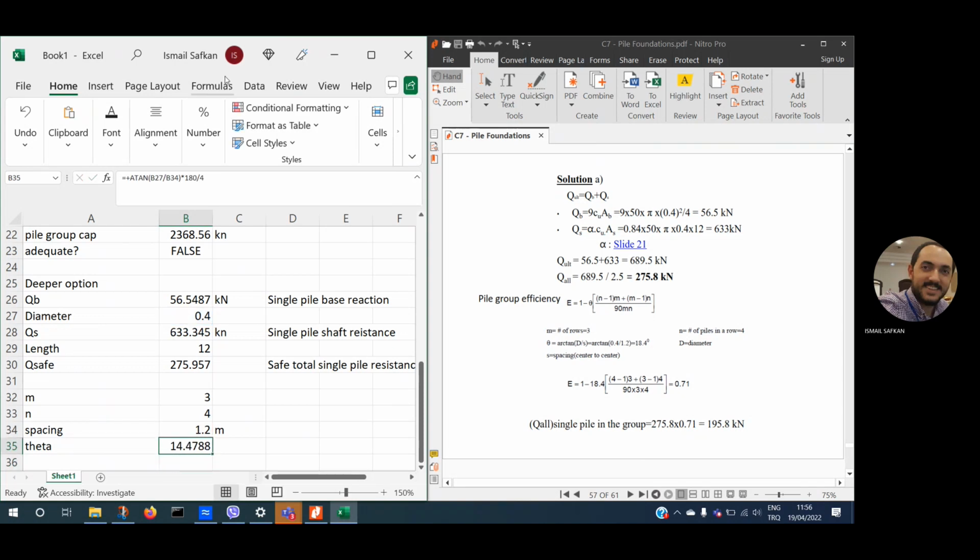I need to check this function. This is the only parameter that we couldn't do in Excel. 4 divided by. Let me check with my calculator.